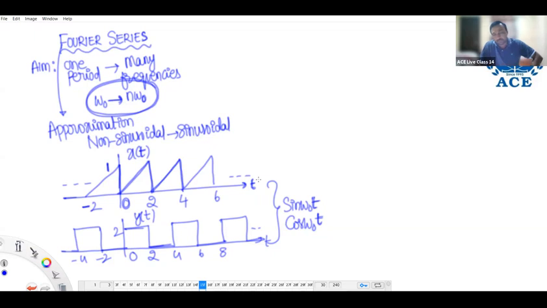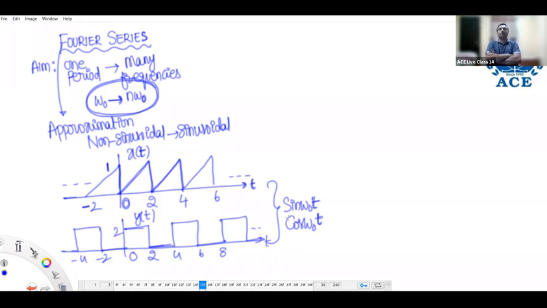Once you convert the non-sinusoid to sinusoid, we are in a position to check, of the available periodic signals, which particular signal is asking for least power.